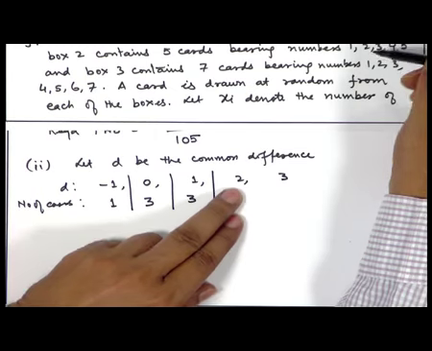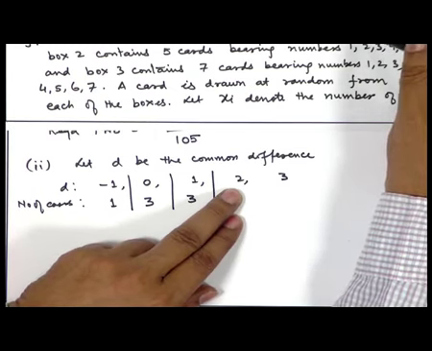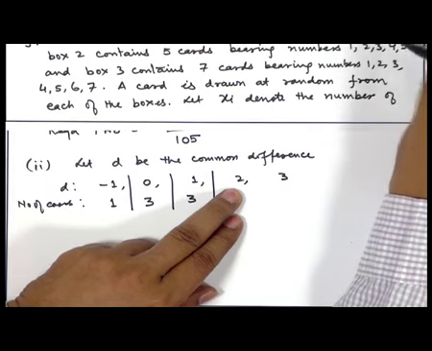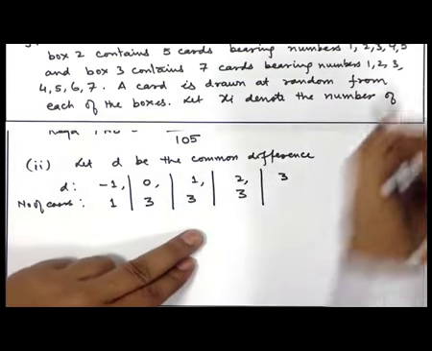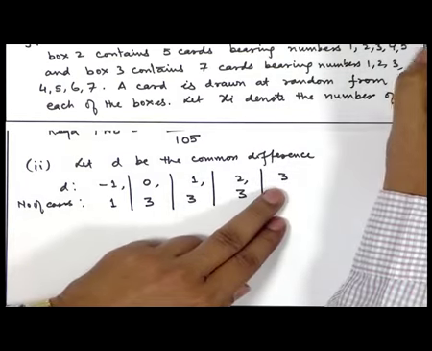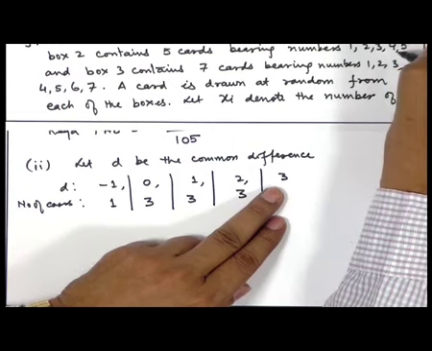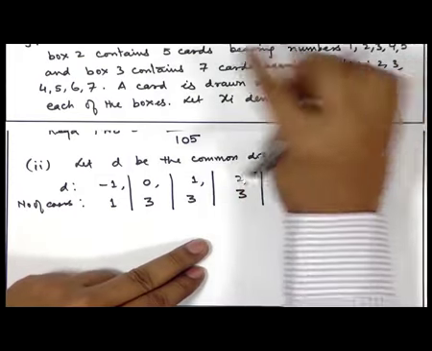Again let us look at the common difference 2. So, common difference 2 can be possible if you have x1, x2, x3 as 1 3 5, 2 4 6 or 3 5 7. So, total number of cases is 3. Then the common difference 3 is possible if I have 1 4 7. So, there is only one possibility because 2 5 and then 8 is not there.